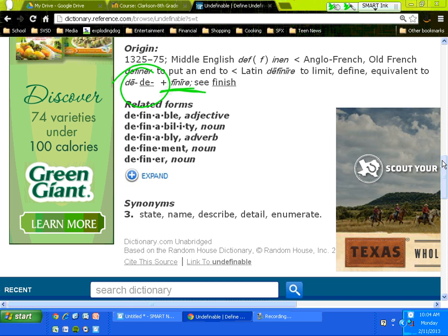Fin comes from what language? Latin. What's the original Latin word? Correct. And what does it mean?